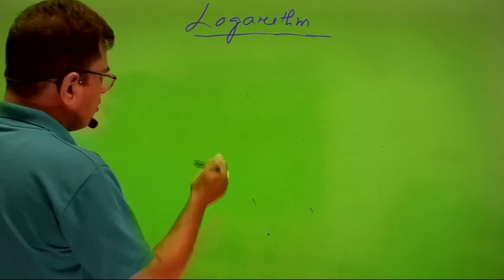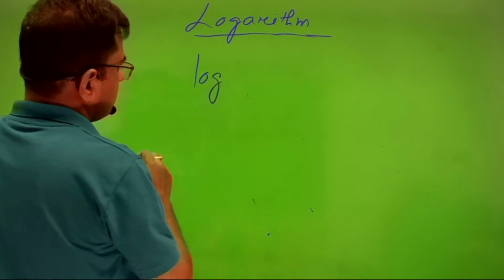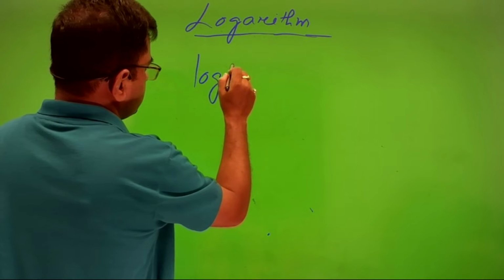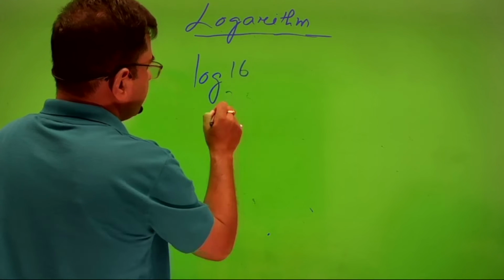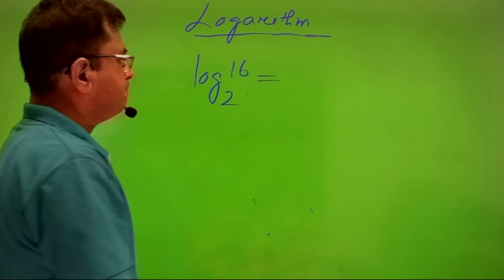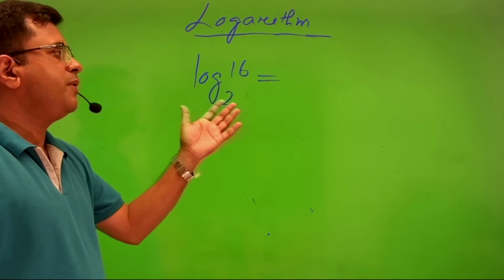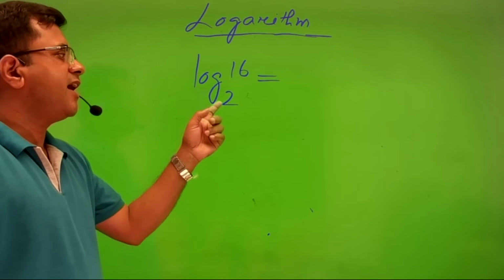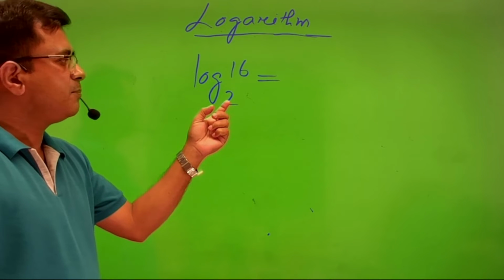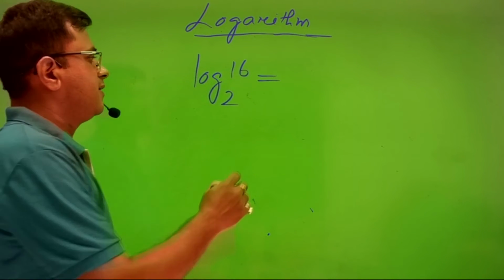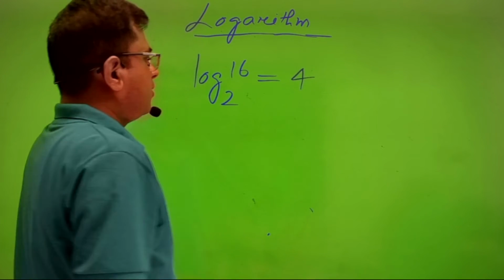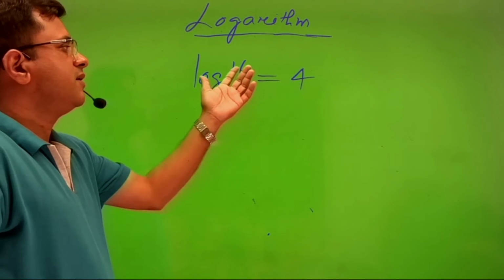The log of 16 to base 2, what will be the value here? The meaning of log of 16 to base 2 is how many times the base 2 is multiplied to get 16. We know it is 4. The 2 is multiplied 4 times to get 16.